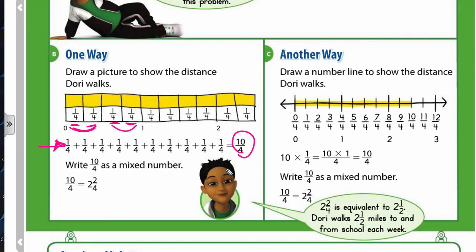Of course we can write 10 fourths as a mixed number. How? 10 divided by 4, we know that 2 times 4 equals 8, so we write here this 2. And the remainder is 2, so this is 2. Again, how to write it as a mixed number? It's 10 fourths.